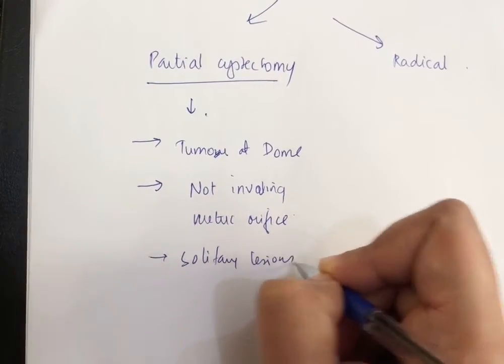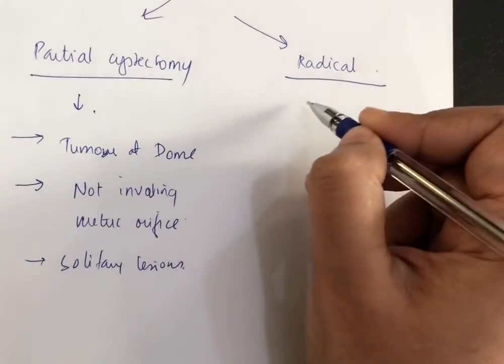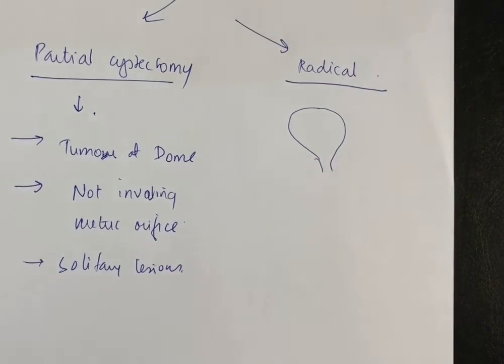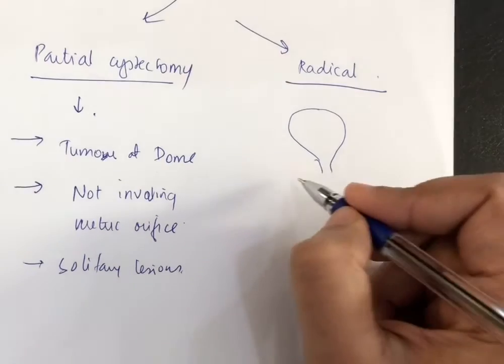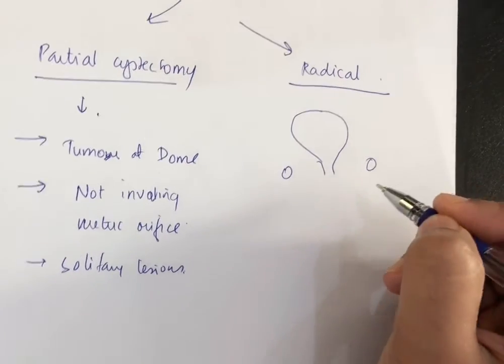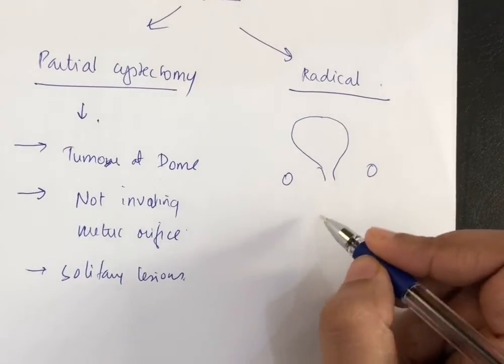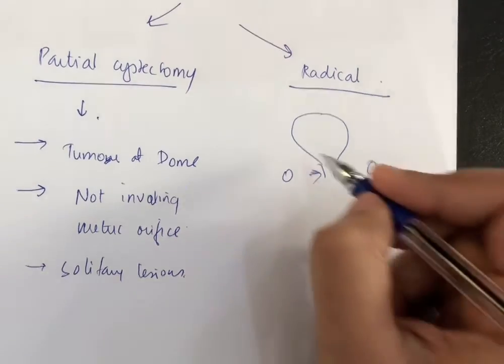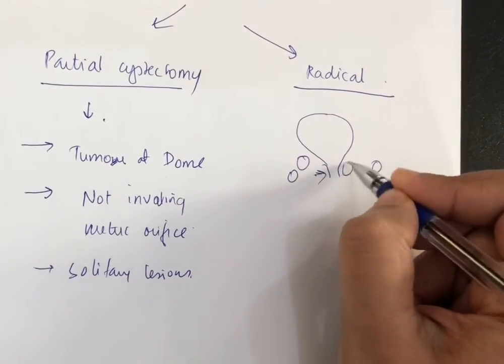And what about radical? What all do you have to remove? You have to remove the bladder, then the iliac and obturator lymph nodes. In females the urethra is removed, and in males the prostate is removed.